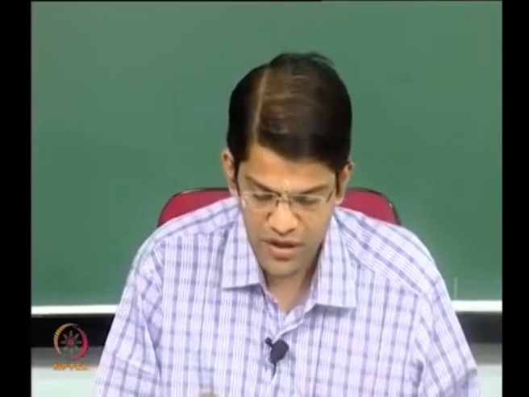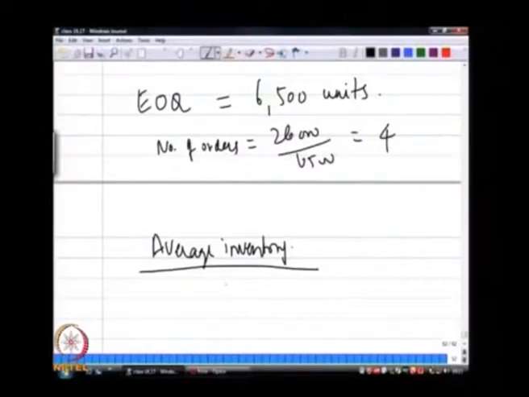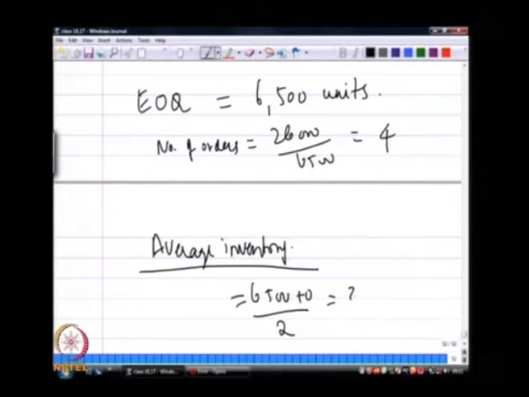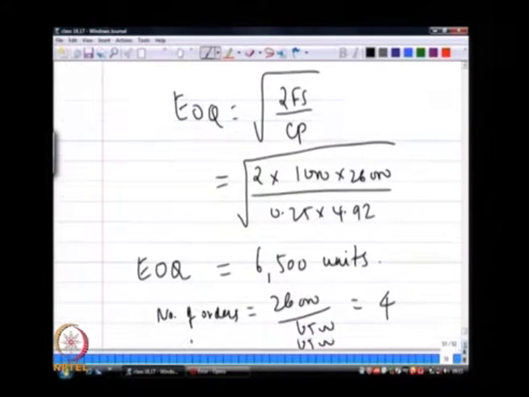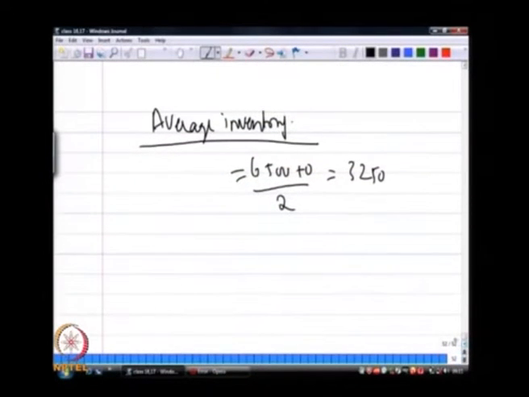The average inventory would hence be 6,500 divided by 2. Why? Because it is 6,500 plus 0 divided by 2. This assumption holds good because we are assuming that the inventory is consumed at a uniform rate.